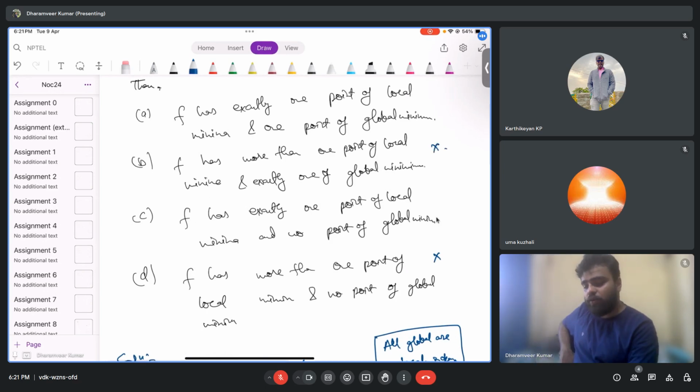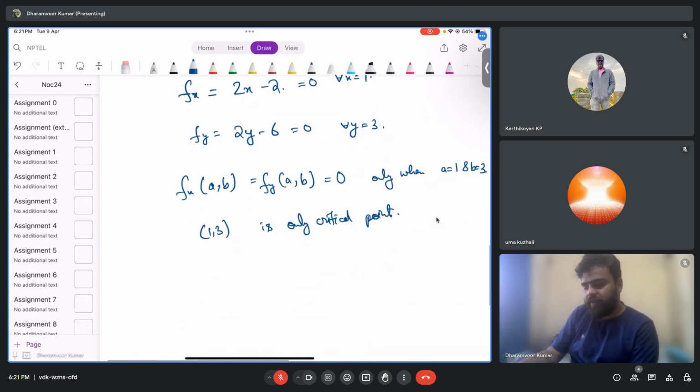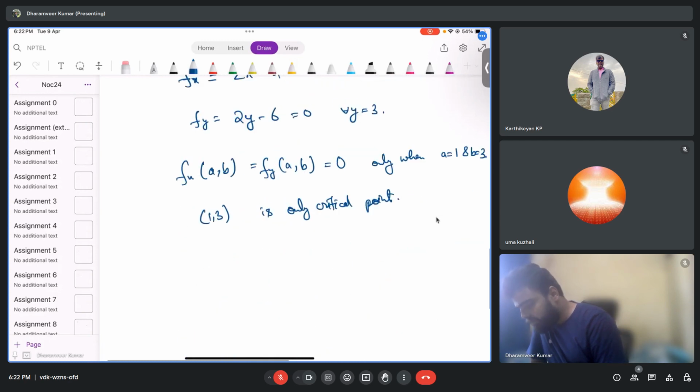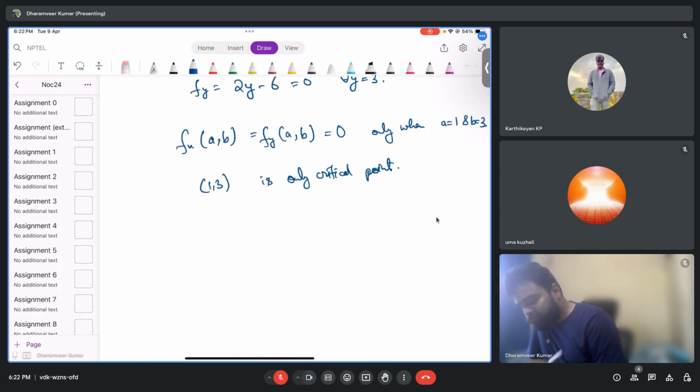Now if there is a global minimum or not, that we need to find out. And if this is a minimum or not, but there are two options. In both it says exactly 1, so I think it is exactly 1. We don't need to check it, but I will do it for general purposes to find out what exactly it is.